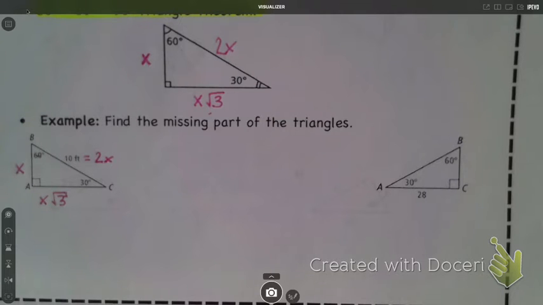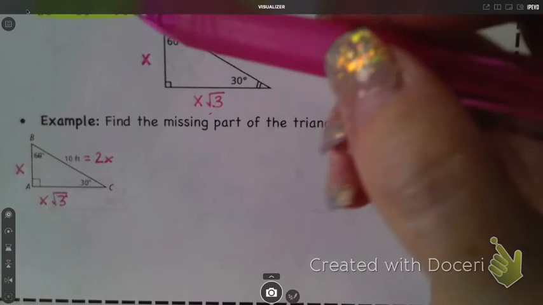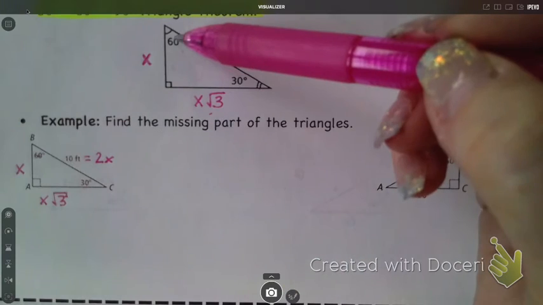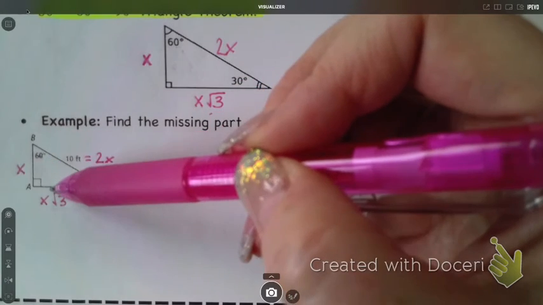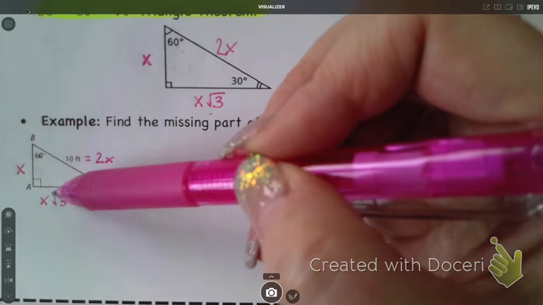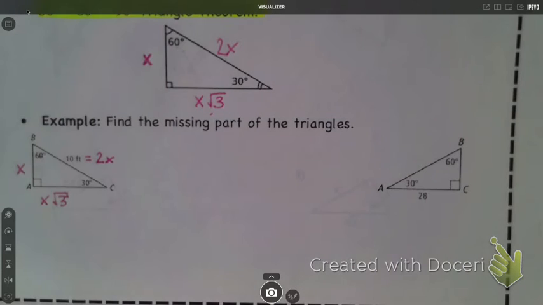I thought it was on the top. No, it has to go across from the angles. So 60 is here, across from 60 is x square root of 3. Because I could draw my triangle in any orientation, correct? Yep. You just have to go across from the angles.